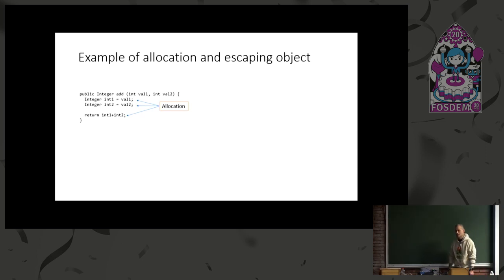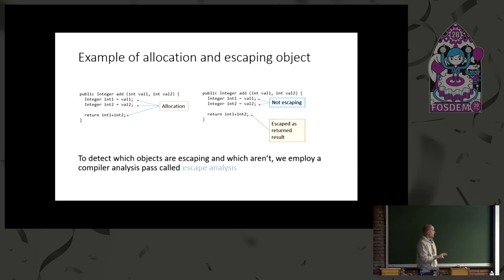We box two integers, and then we finally return another one. Integer is an immutable class, so the addition creates a new object, which is popped and returned. The first two objects do not escape the method, but the last one does. The way we tell which ones escape and which ones don't is by a compiler backend pass called escape analysis.